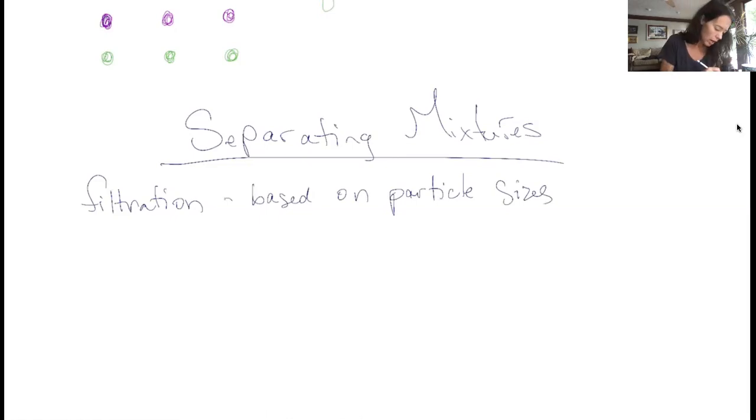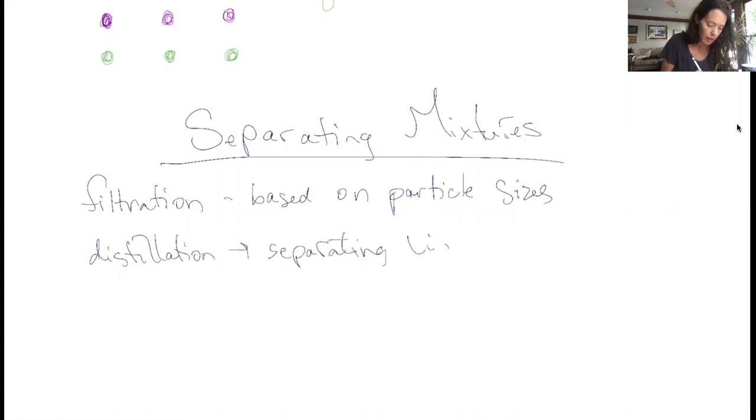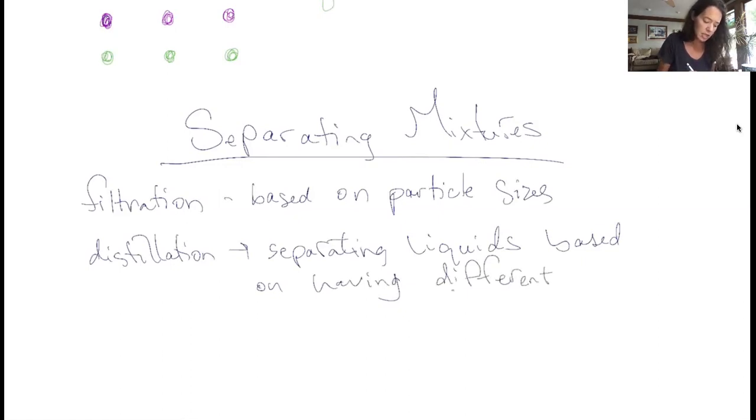Okay, that's cool. There's something called distillation, and we use that process to separate liquids based on boiling points. So in order to use the process of distillation, the liquids need to have very different boiling points.